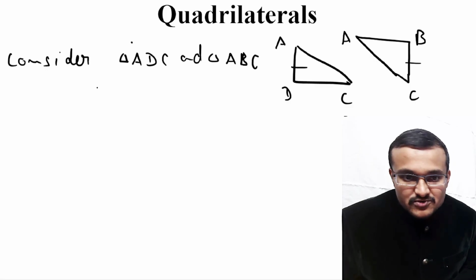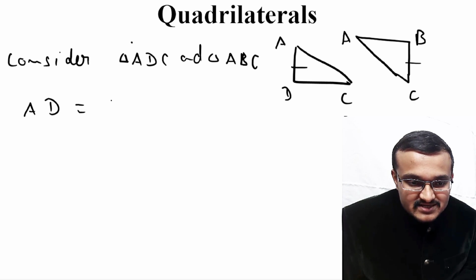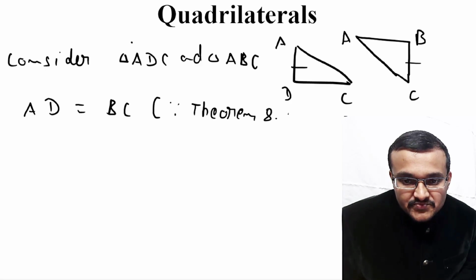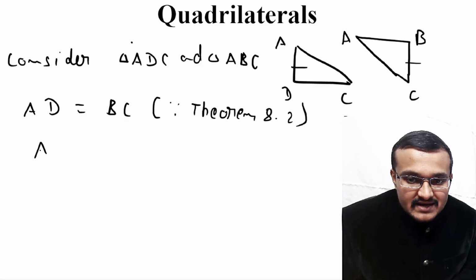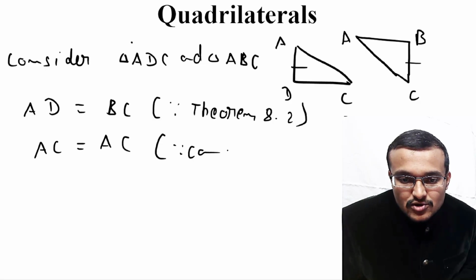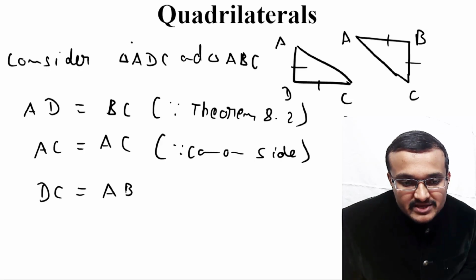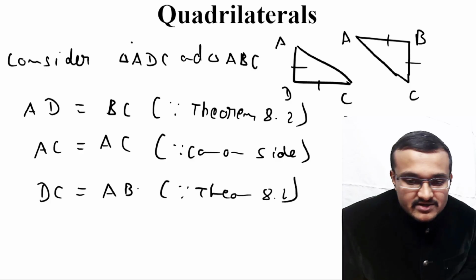Here AD is equal to BC. This is because of theorem 8.2, where it states that opposite sides of a parallelogram are equal to each other. And here AC is equal to AC because AC acts as a common side. And DC is equal to AB. This is also because of theorem 8.2.